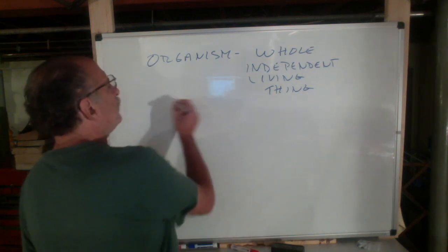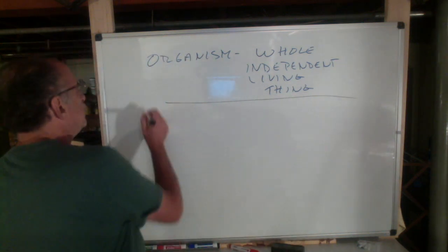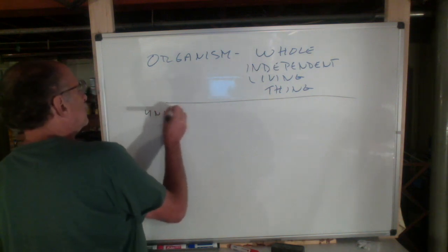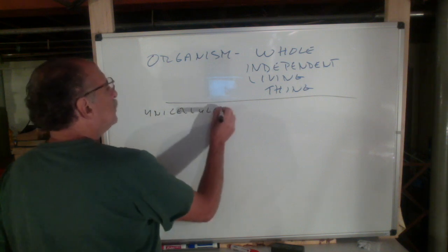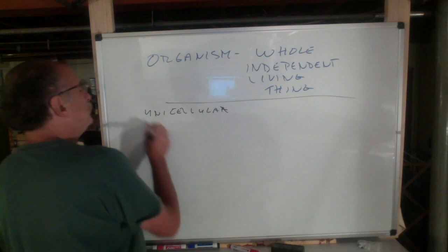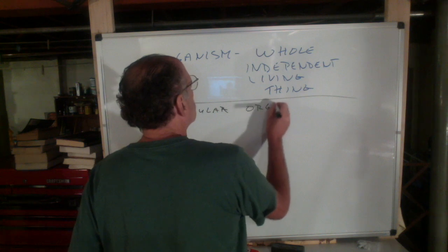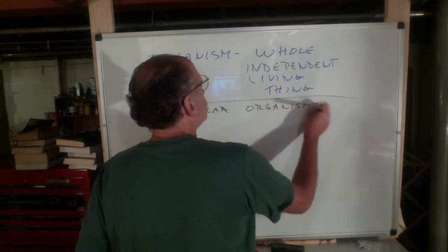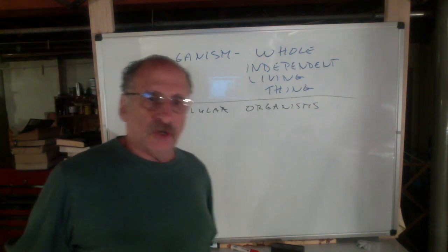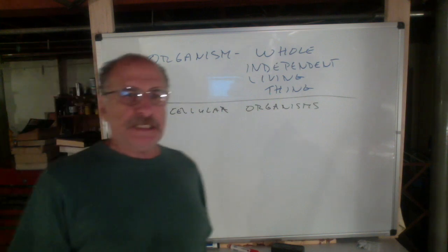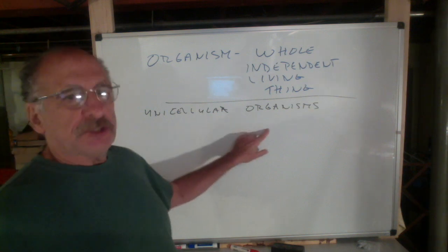And so I just want to point out there's two very broad categories of organisms, which are unicellular organisms, which in second grade would have been called single-celled living things. So if you remember the phrase single-celled living things, that translates into unicellular organism.